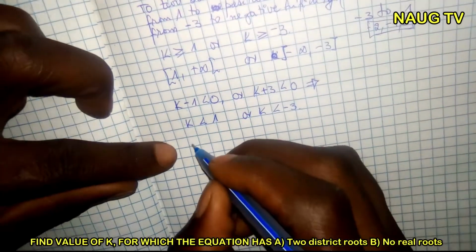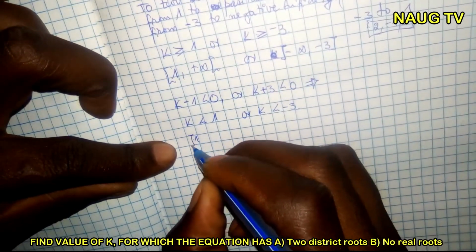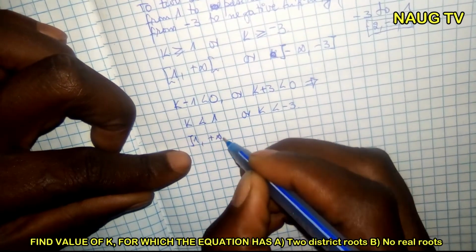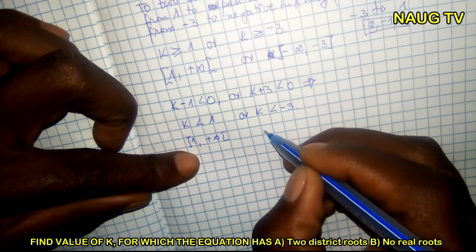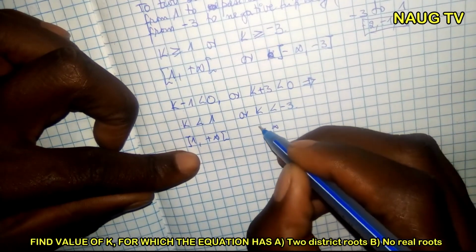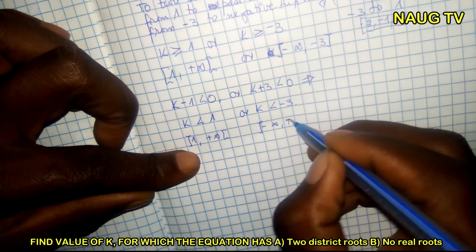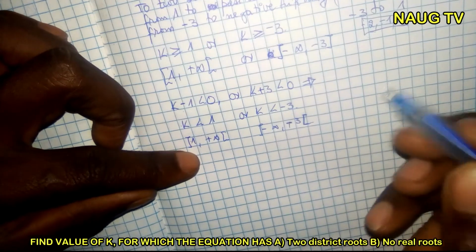This means that here we have 1 which is not included, positive infinity which is also included, and also here we have negative infinity which is not included, and negative 3 which is also not included.